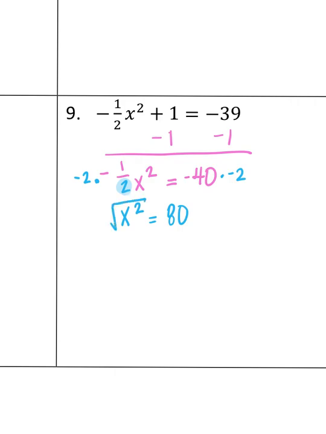Take the square root of both sides: x equals radical 80. I'm pretty sure we can simplify radical 80.